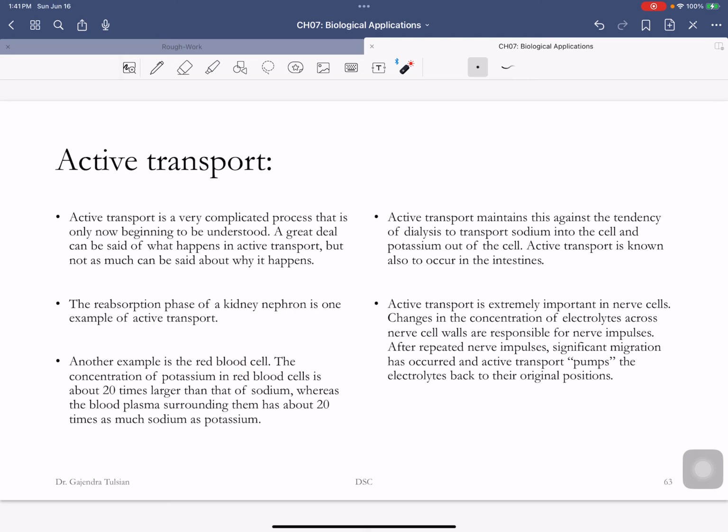Also in red blood cells, the potassium concentration inside the cell is about 20 times higher than outside, whereas the blood plasma surrounding them has about 20 times higher sodium than potassium. Sodium concentration outside is higher than inside, and to maintain this concentration difference, you use active transport.